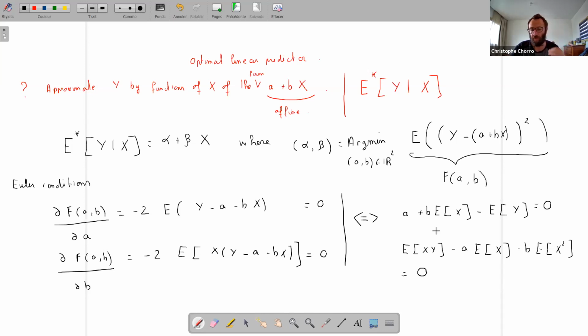So these two are equal to 0. Now I have a linear system of two equations with two unknowns that is very easy to solve. Here I will have a unique solution, my alpha and my beta, which are the solution of my minimization problem.